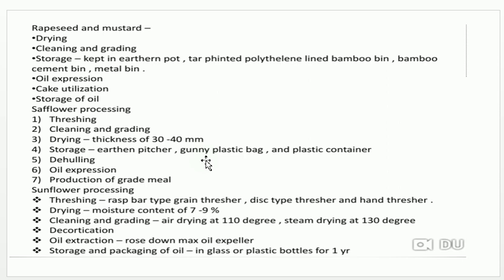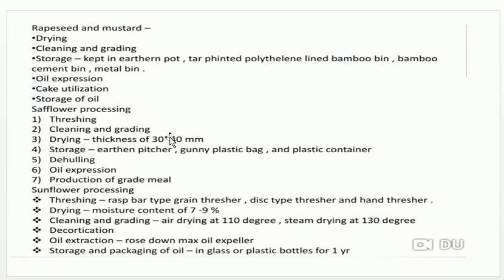After that, we get grit meal. So in order to get grit meal, we have to do conditioning, dehulling, and oil extraction. Furthermore, sunflower generally contains 30 to 35 to 45% oil.